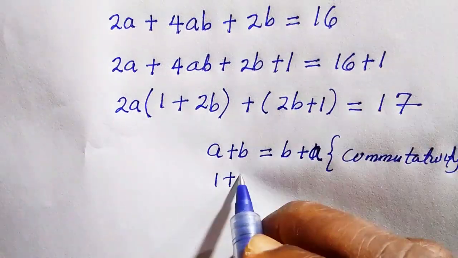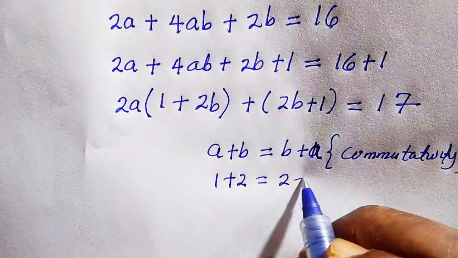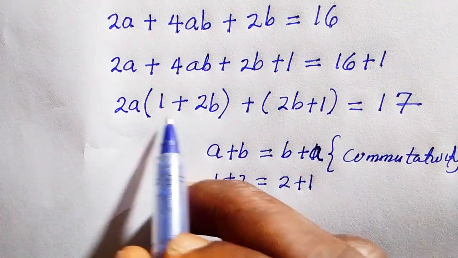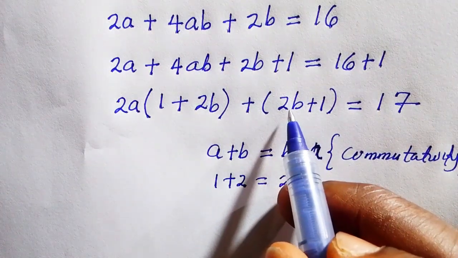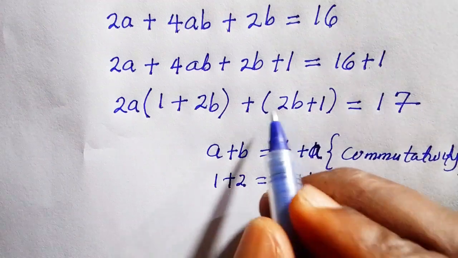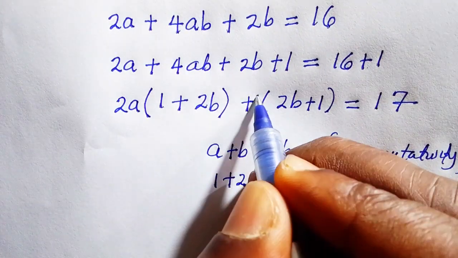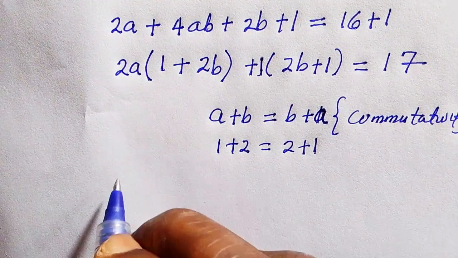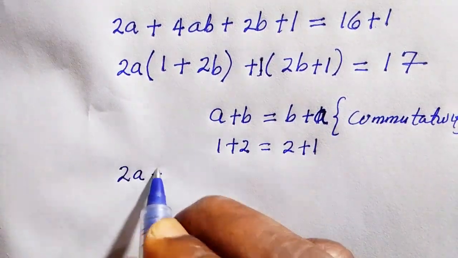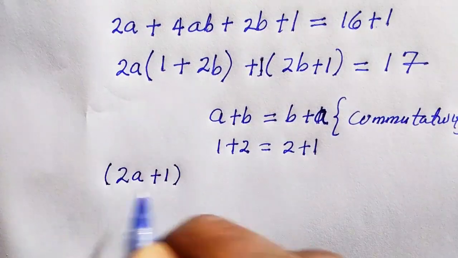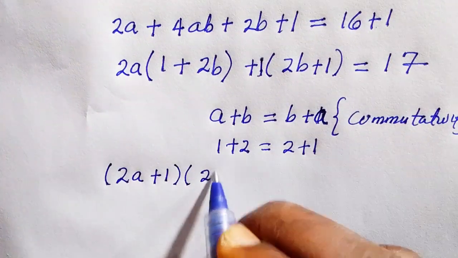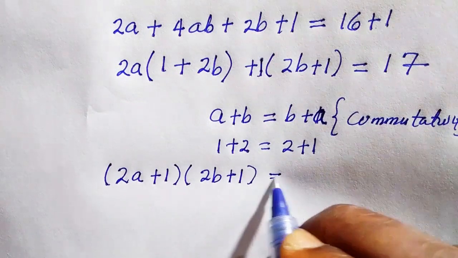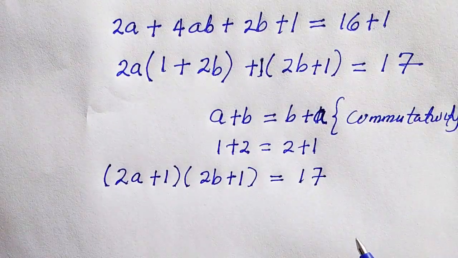So 1 plus 2 is the same thing as 2 plus 1, because 3 equals 3. That is, 1 plus 2b is the same thing as 2b plus 1. And beside this, we have 1 here. So we combine 2a plus 1 together, so that we have 2a plus 1 in bracket, times 2b plus 1, or we take 1 plus 2b, and everything equals 17.